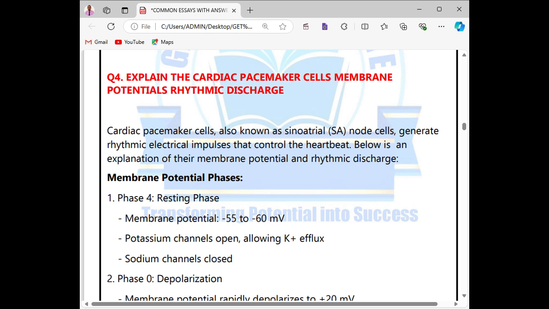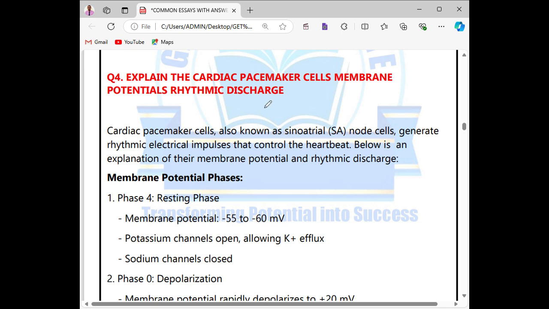Which topic is this question coming from? Yeah, so all of you are correct. This topic is coming from cardiovascular system or cardiovascular physiology.